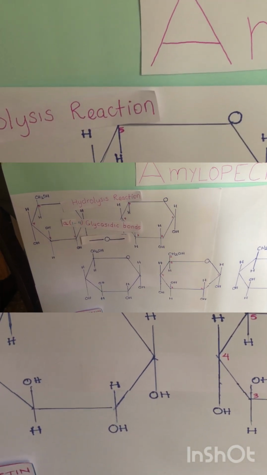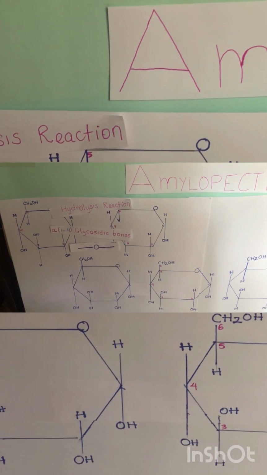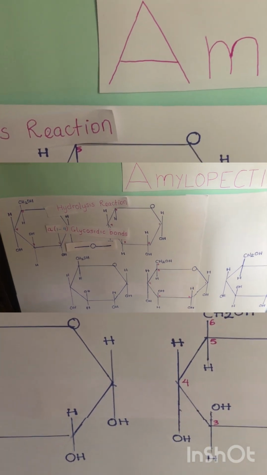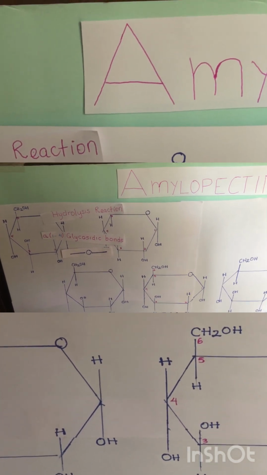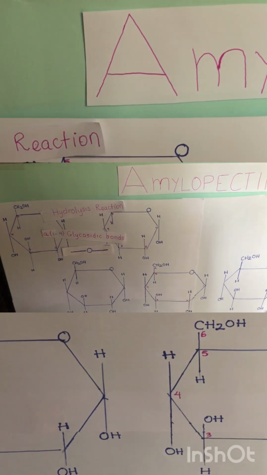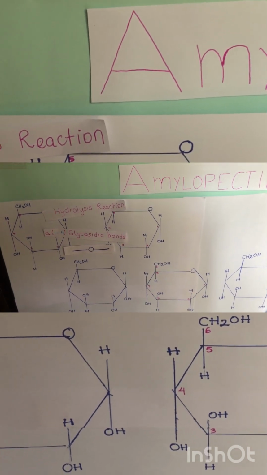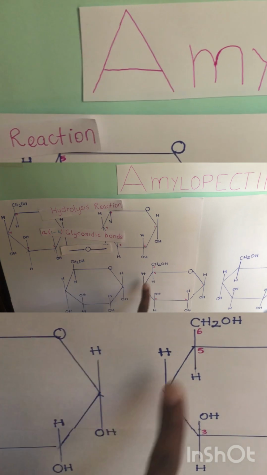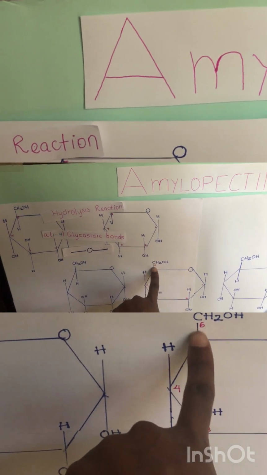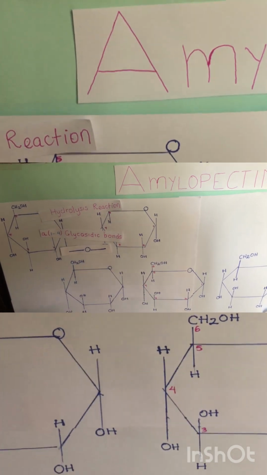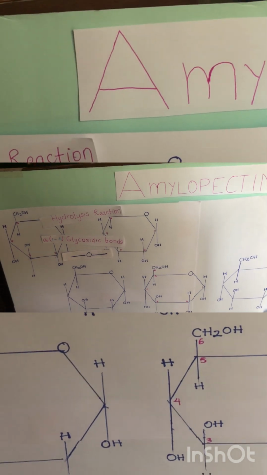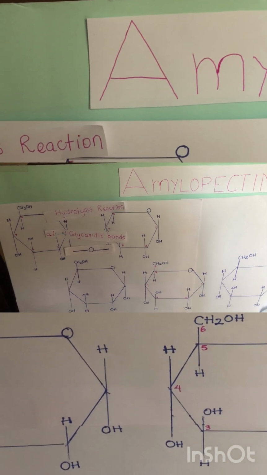We can do the same thing for the 1 to 6 linkage as well. Again, we are losing the OH and we are losing the other OH and the other element on the 6th carbon. So when that is lost, what is going to happen again?